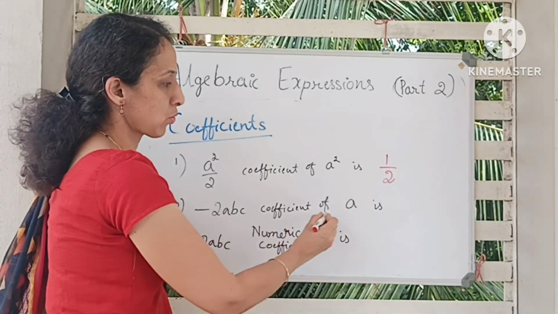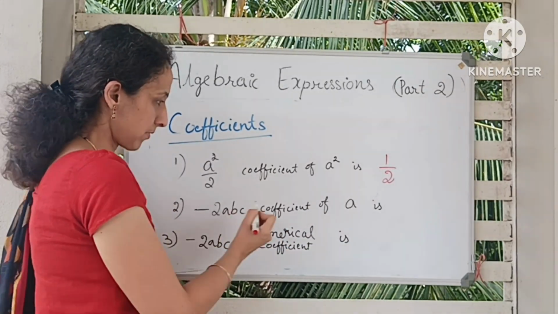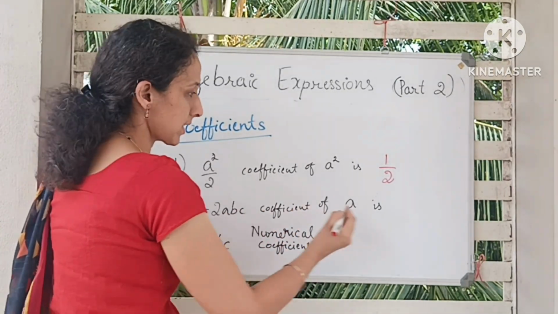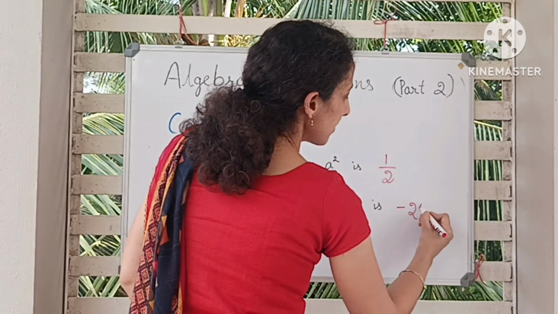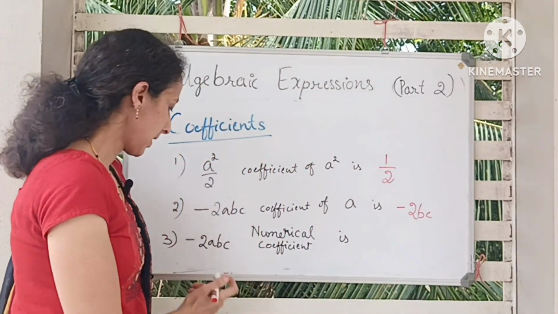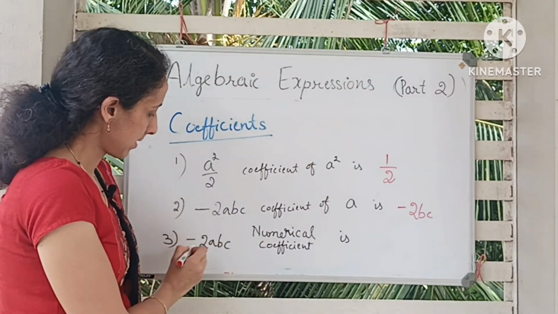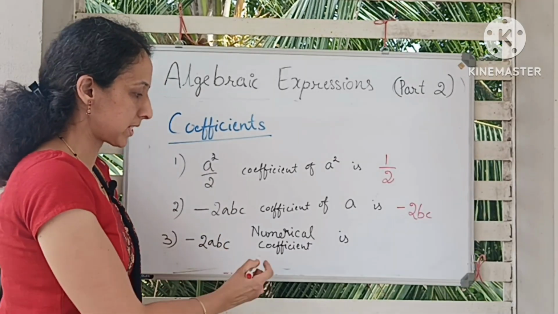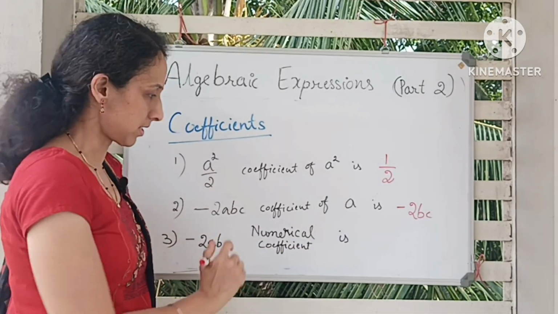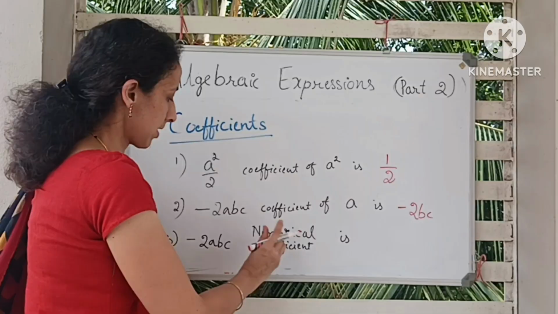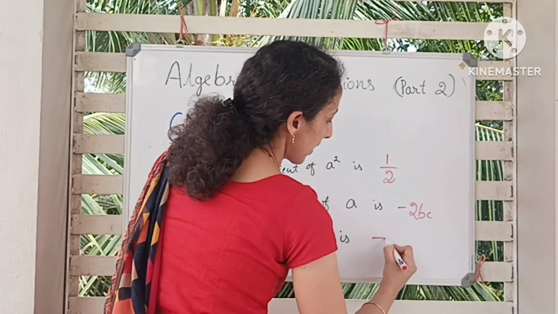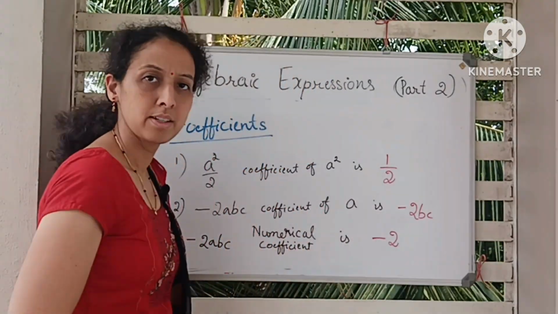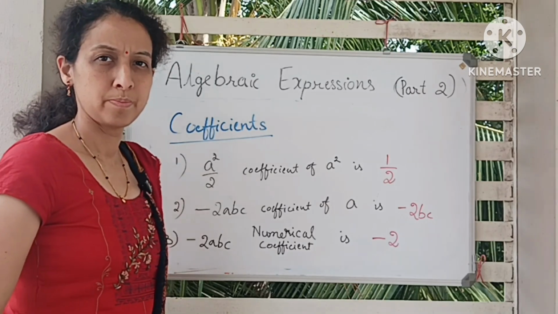Minus 2abc, coefficient of a is 2bc and minus 2bc, and the same expression minus 2abc, numerical coefficient is only the number value along with the sign, that is minus 2.